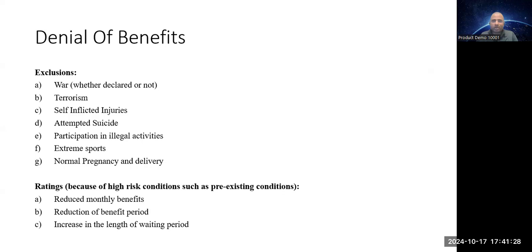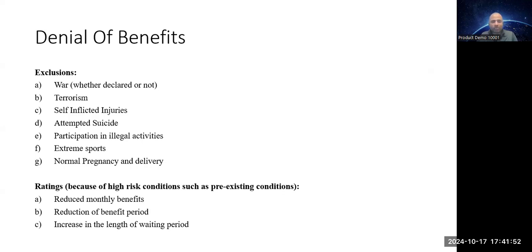So let's say skydiving, bungee jumping, any one of these sports may be an exclusion for your policy, for which reason your disability benefit might be denied. Not to mention normal pregnancy. Unfortunately, pregnancy is an exclusion for many disability policies, for which reason your disability benefit or claim might be denied.